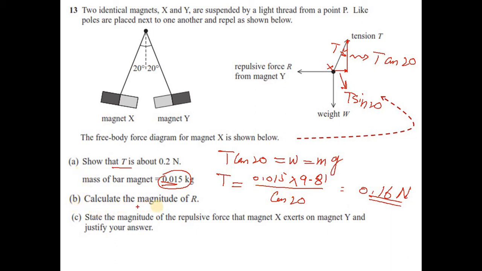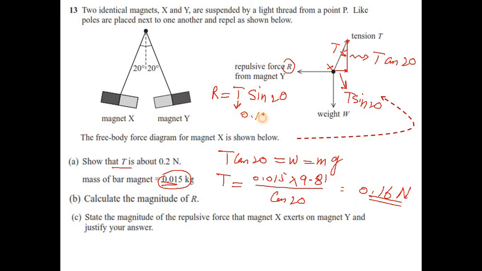B. Calculate the magnitude of R. R is the repulsive force, and if you see the vector diagram, the repulsive force R is acting leftward and the horizontal component of T, which is T sine 20, is acting rightward. That means R is equal to T sine 20, and you have already found T as 0.16.